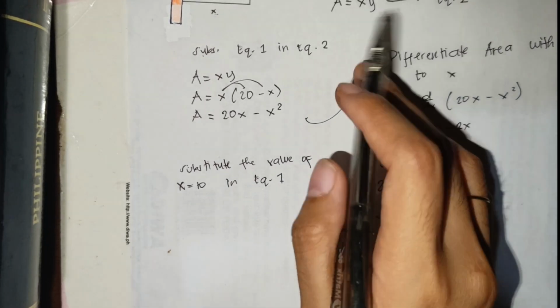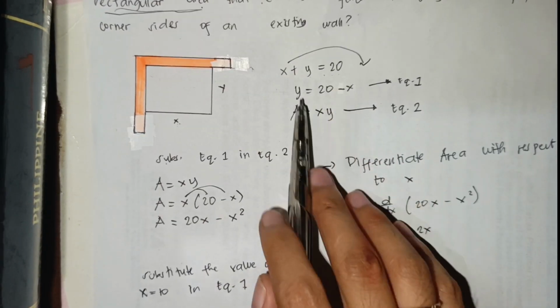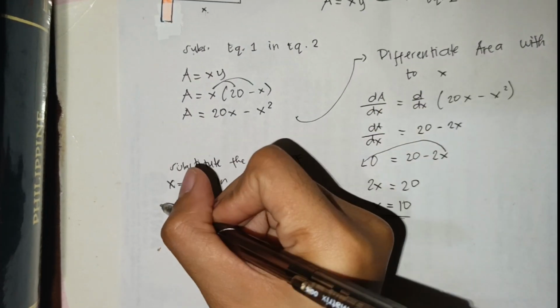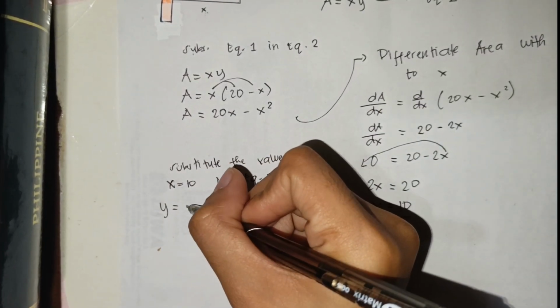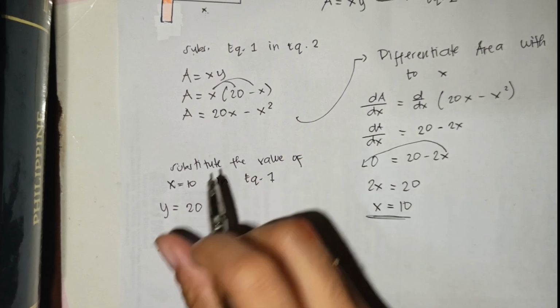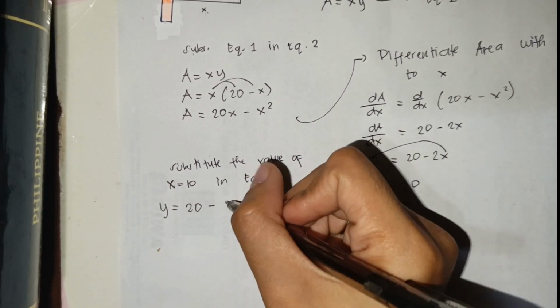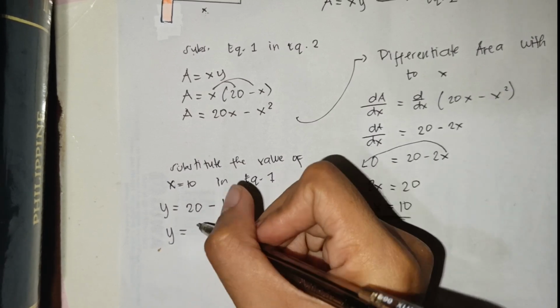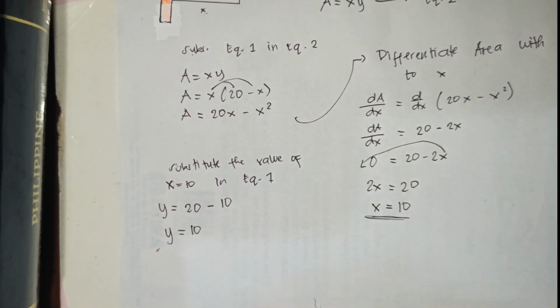So, our equation 1 is y is equal to 20 minus x. So, y is equal to 20 minus the value of x, which is 10. So, the value of y is 10.